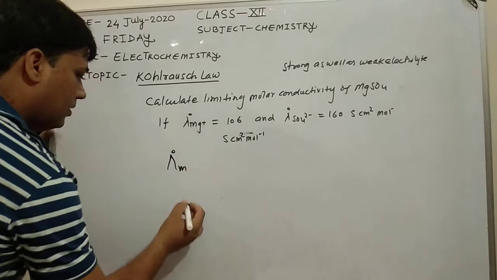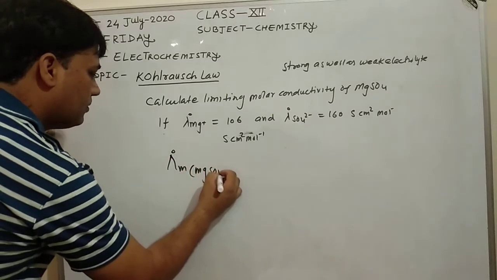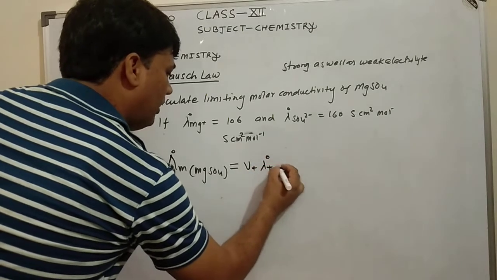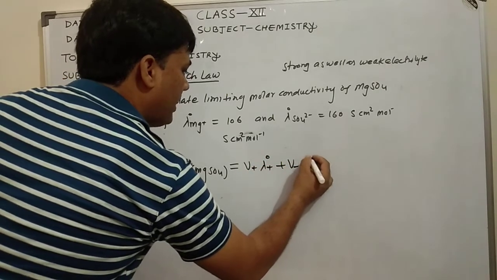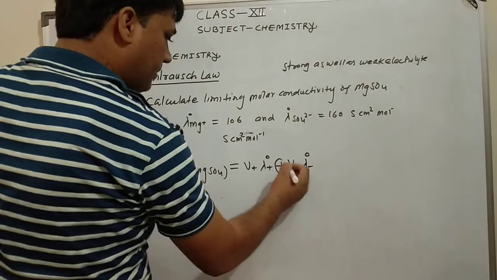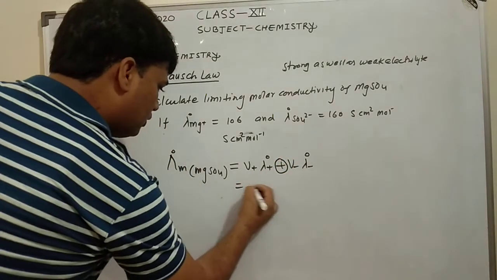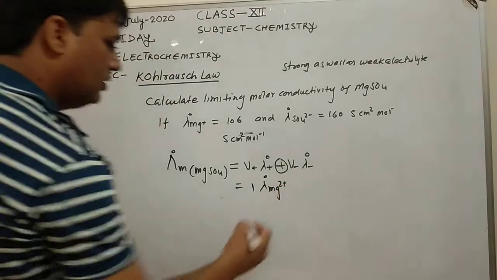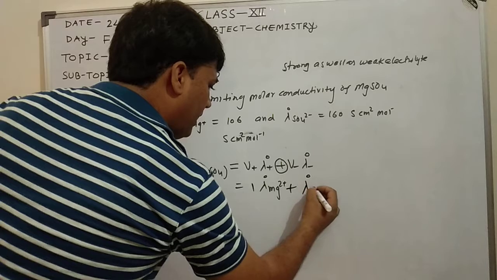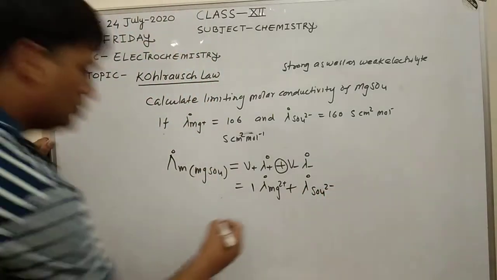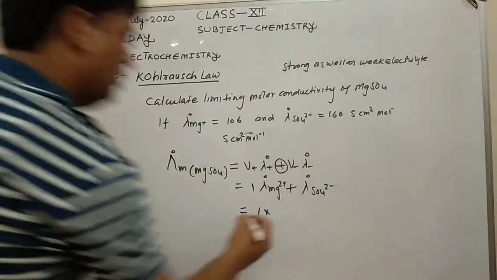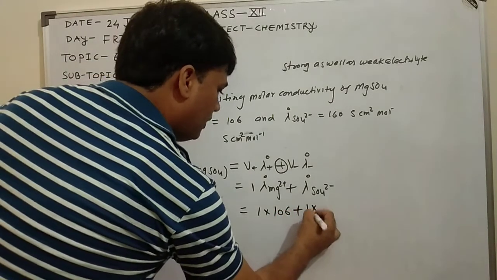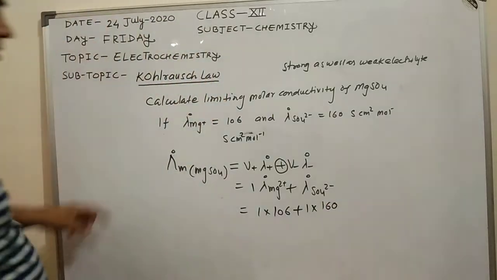So limiting molar conductivity of MgSO4 is equal to the summation of nu plus lambda plus naught plus nu minus lambda minus naught. Nu plus is equal to 1, lambda naught Mg2 plus, nu minus is 1, lambda naught SO4 2 minus. So 1 into 106 plus 1 into 160.